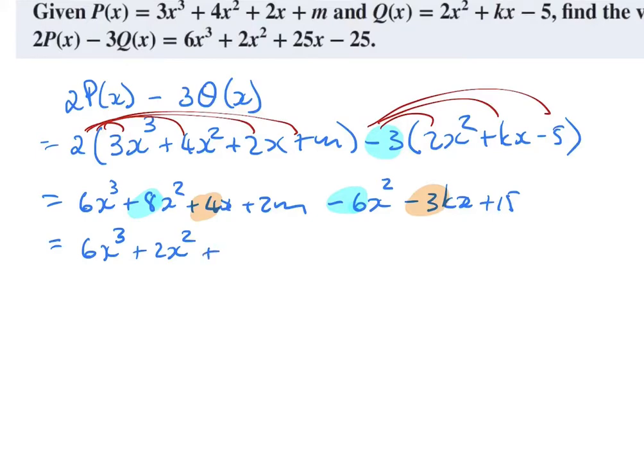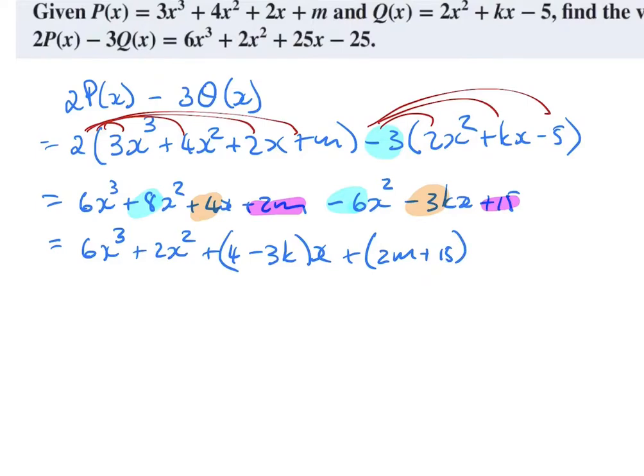So I'm going to say this is plus (4 minus 3k)x, and then plus my two values that are remaining, plus 2m and plus 15, which are my constant values. So that is 2m plus 15.